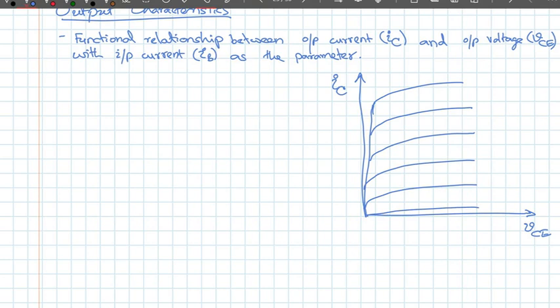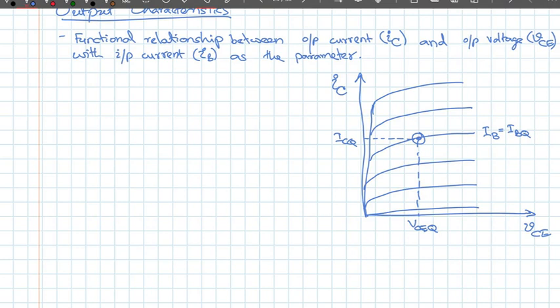Let me take these as my different IBs. Let me take this as my IB equals IBQ curve, and let's say we choose this point as my Q point, ICQ and VCEQ. This is my output characteristics.